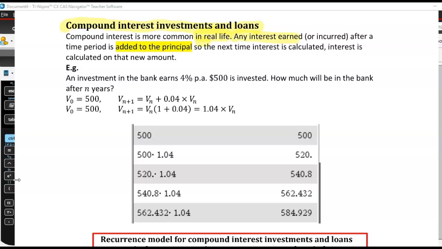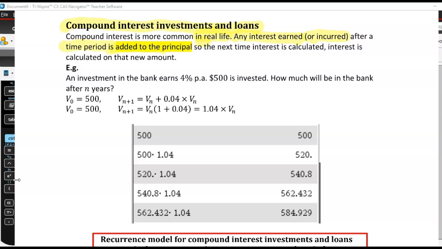So any interest earned, that's when you earn interest if you've invested your money, or incurred, that's when you owe money with a loan or credit card, after a time period is added to the principal.